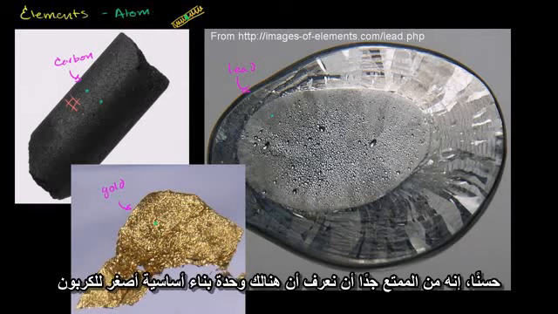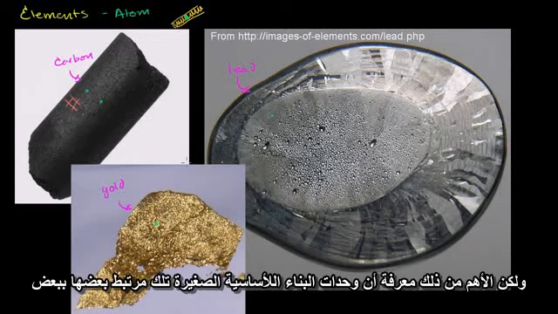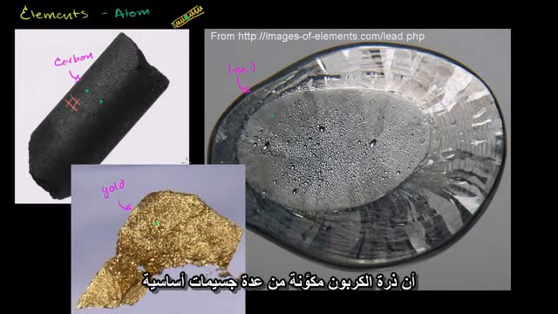Now, it would be pretty cool in and of itself that we do know that there is this most basic building block of carbon, this most basic building block of any element. But what's even neater is that those basic building blocks are related to each other. A carbon atom is made up of even more fundamental particles.